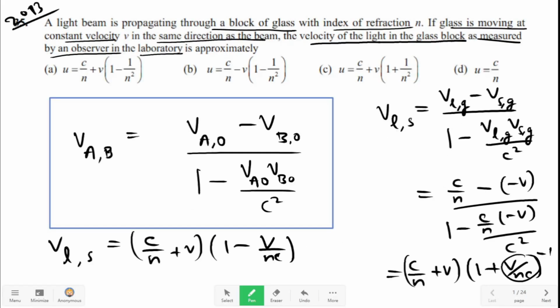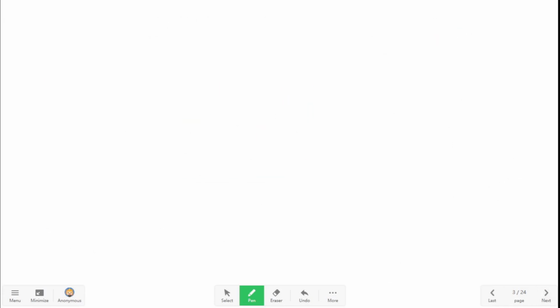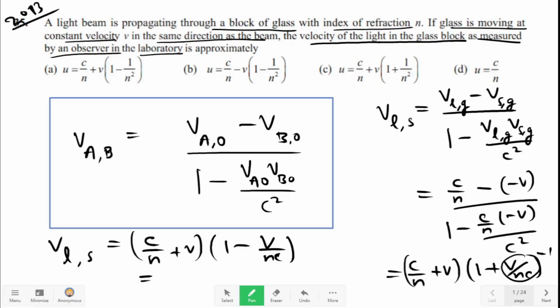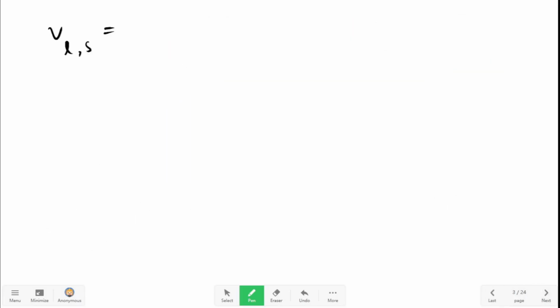Then we will get VLS, velocity of light with respect to the ground or laboratory, is equal to c by n plus V into 1 minus V by nc.